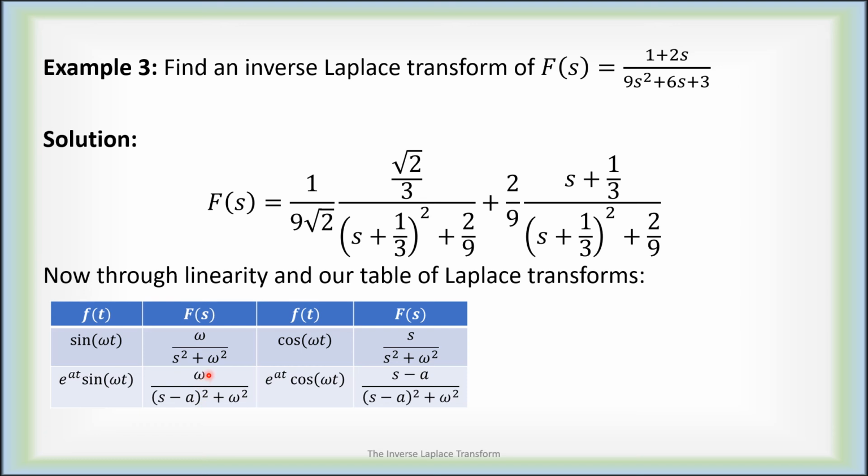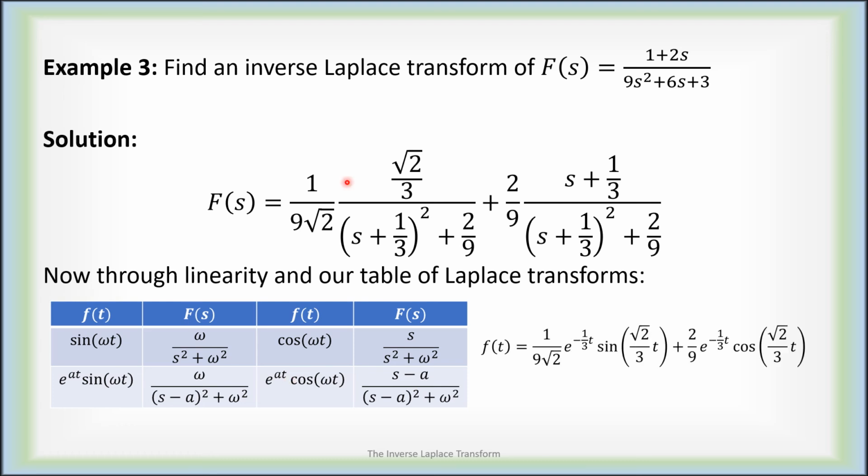We've got an omega over s minus a squared plus omega squared, and this constant of 1/9 root 2 can factor out since the Laplace transform and therefore its inverse are both linear. Here we have s minus a over s minus a squared plus omega squared, which matches this in our table of Laplace transforms. And that factor of 2/9 is going to be factored out.